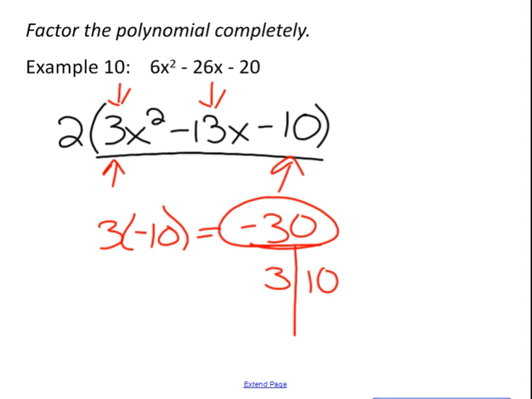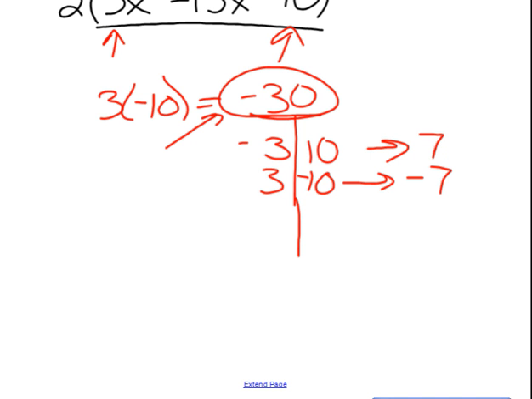But since this is a negative 30, that means that either the 3 or the 10 have to be negative. So let's check. If 3 is negative, and we add those up, that will give us a positive 7, which is not negative 13. On the other hand, if the 10 is negative, and we add those up, that'll give us a negative 7, which again is not what we're looking for. So 3 and 10 aren't going to work for us.